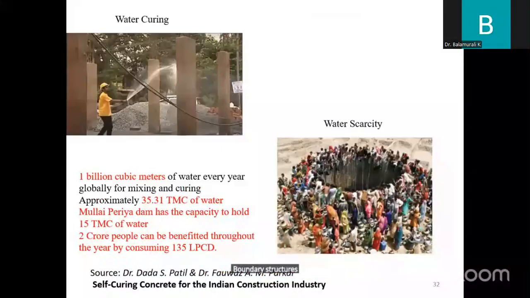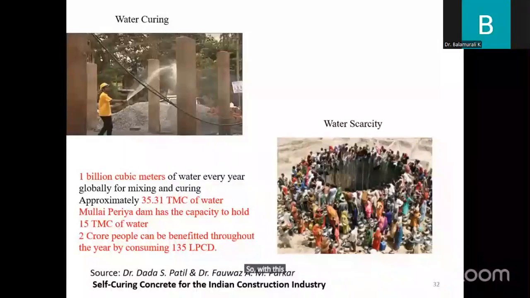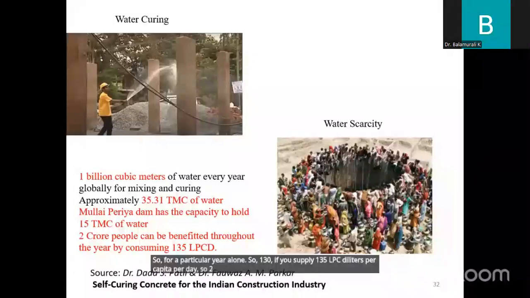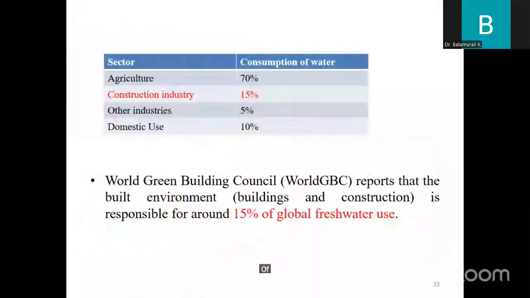So 15 is lower, 35.31 is much higher. With this 35.31 TMC of water, we can feed 2 crore people for a particular year alone. If you supply 135 LPCD, liters per capita per day, 2 crore people will benefit from this 35.31 TMC of water.